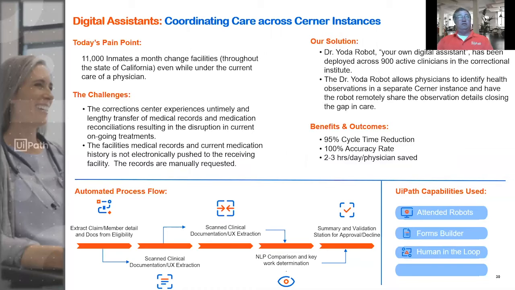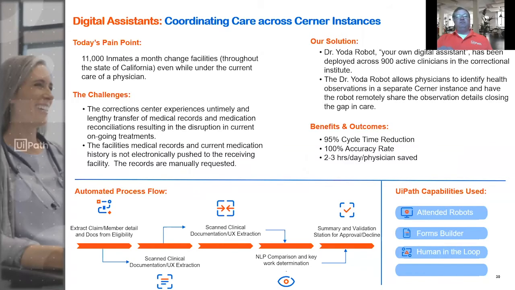And at their facilities, while there's Cerner across the entire ecosystem, the challenge is that they are independent organizations within themselves. So each individual facility operates almost as its own health system, if that makes sense.